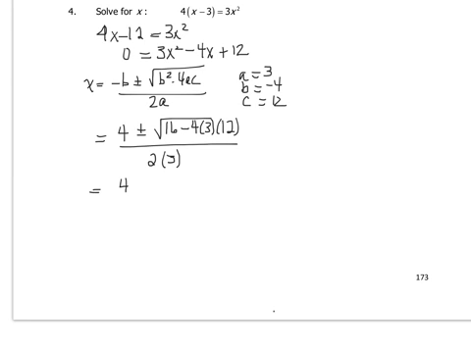And that's going to give you 4 plus or minus the square root of 16 minus 144. 4 times 3 times 12 is 144, all over 6, which is going to give you 4 plus or minus the square root of 16 minus 144, which is going to be a negative 128.